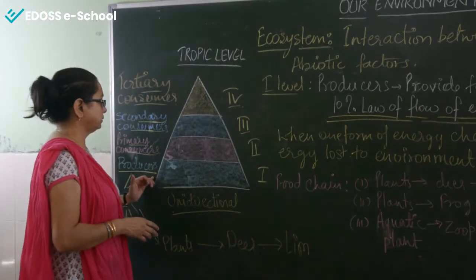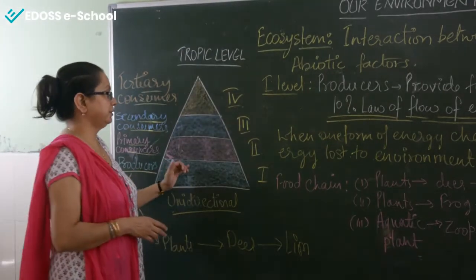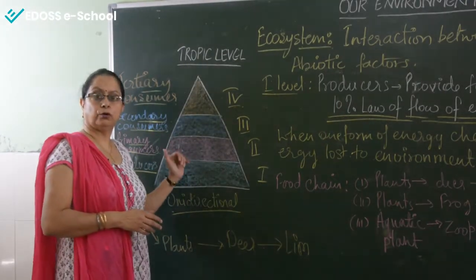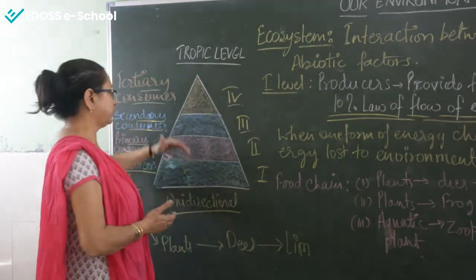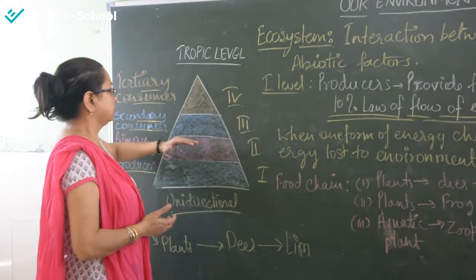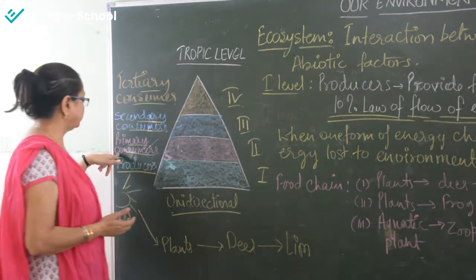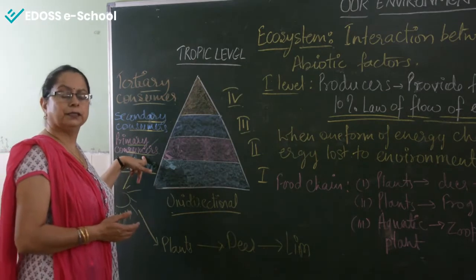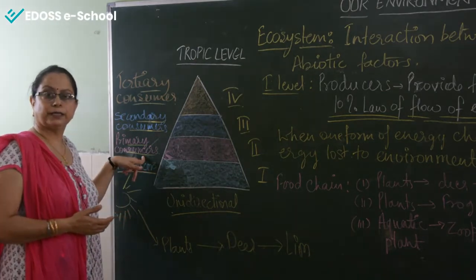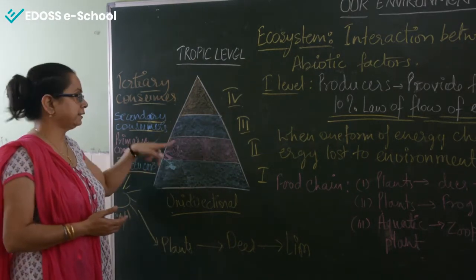Regarding the trophic level, the first level we just discussed includes all the producers or the autotrophs, that means all the green plants. Then next to the producers is the second level, covered by the primary consumers, the small herbivorous animals that consume the plants.